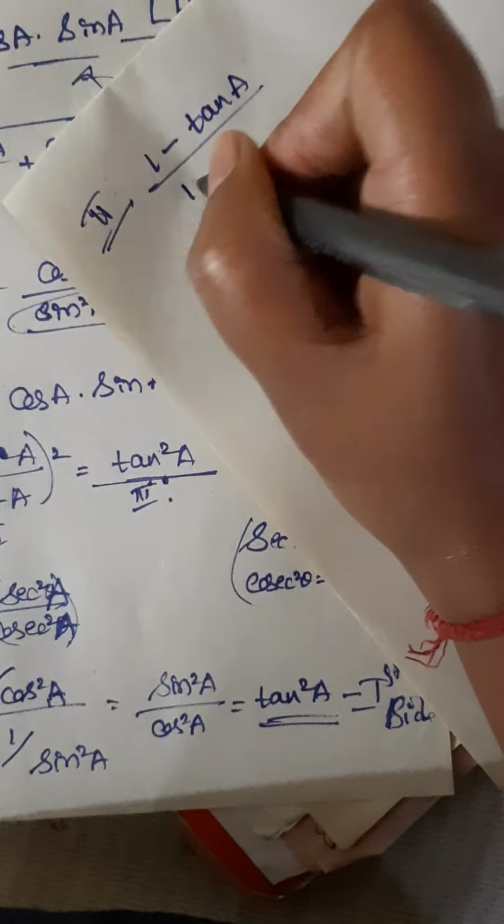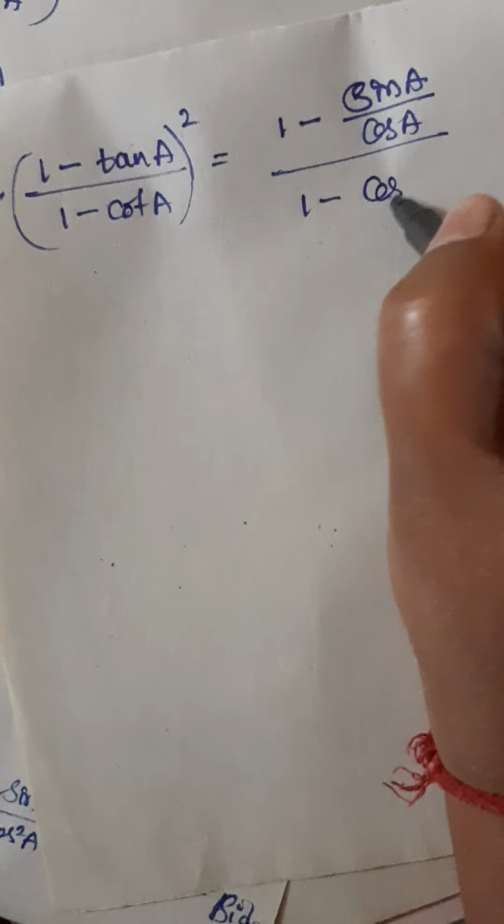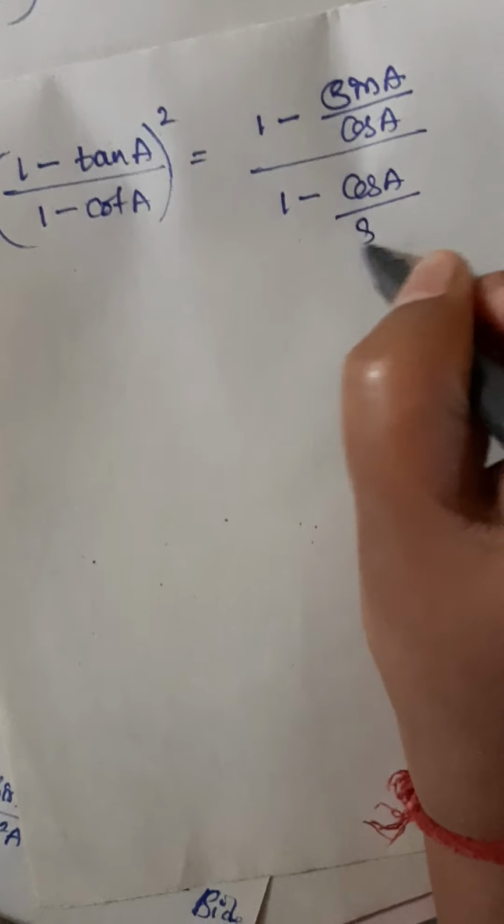For this tan and cot, again we are not getting anything on how to solve, so again we will use the same idea, that is we will change this in the form of sin and cos: ((1 − sin A/cos A)/(1 − cos A/sin A))².